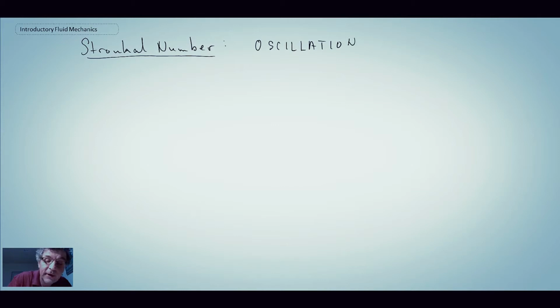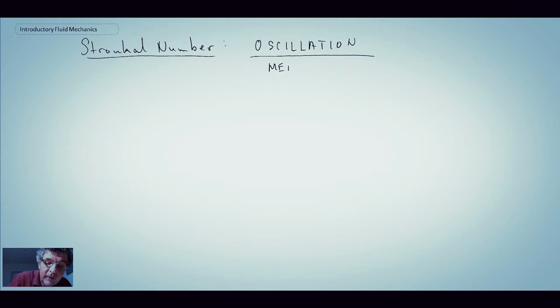Strouhal number. This is for flows wherever you have some sort of natural frequency occurring. If you recall back to a very, very early video of why study fluid mechanics, I had the cavity modes of the Ford Fusion vehicle car. And the cavity mode was caused by vortex shedding off the front of the window.